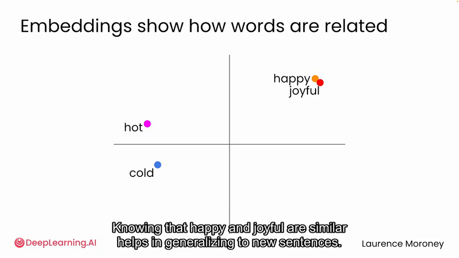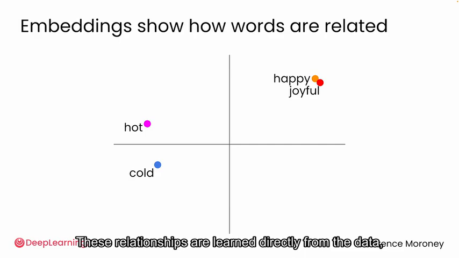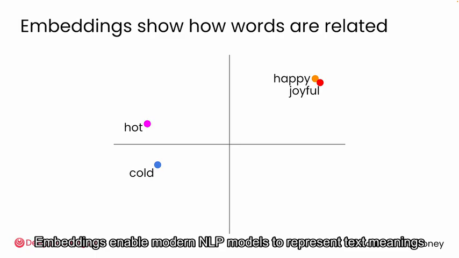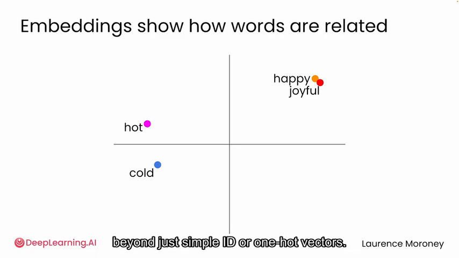Knowing that happy and joyful are similar helps in generalizing to new sentences. These relationships are learned directly from the data, and they can capture complex relationships that are challenging to define manually. Embeddings enable modern NLP models to represent text meanings beyond just simple ID or one-hot vectors.